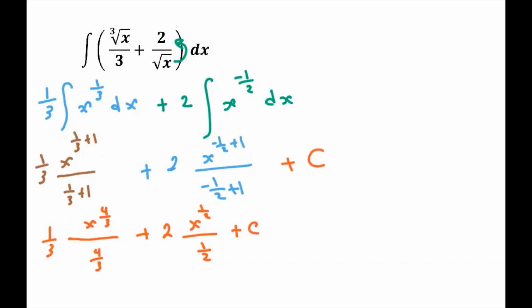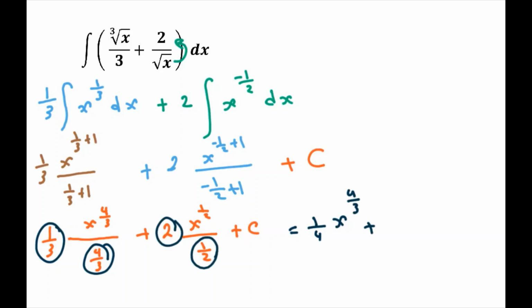Again, you need to simplify. That's going to be 1/3 divided by 4 over 3. That will be 1/4 x to the power of 4 over 3 plus 2 divided by 1/2 is 4, square root of x, because x to the power of 1/2 is square root of x, plus c.